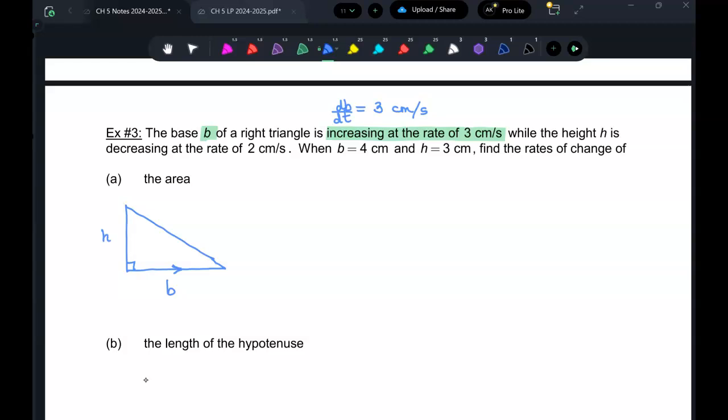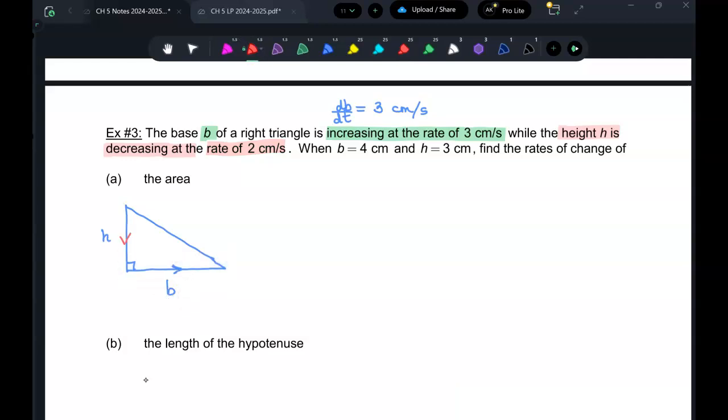So we have a triangle and the base is getting bigger and bigger at 3 centimeters per second. At the same time, the height is decreasing at the rate of 2 centimeters per second.